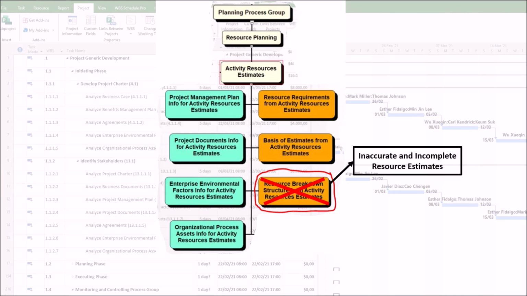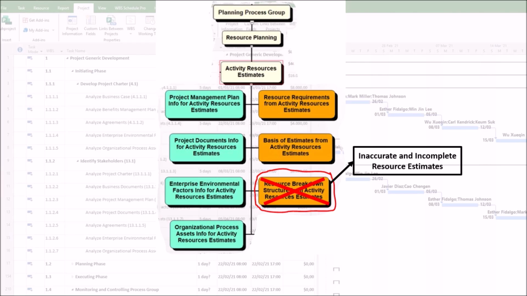1. Inaccurate and incomplete resource estimates. This is the most direct harm. The estimate activity resources process is designed to determine the type and quantity of resources needed. A poor resource breakdown structure fails at this fundamental task as follows. First, missing resource categories.